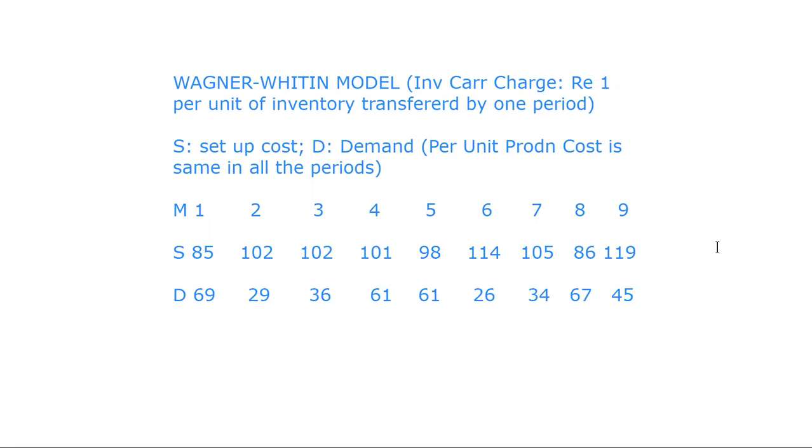Suppose I produce in, so I said I will produce in period number 1, then my cost is 85.